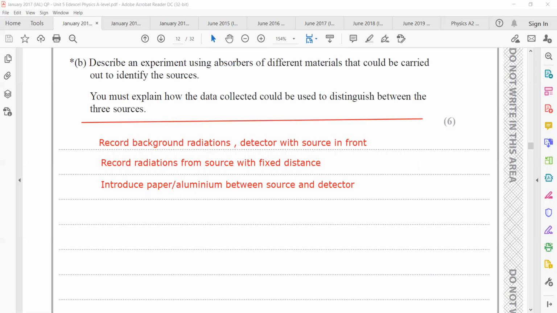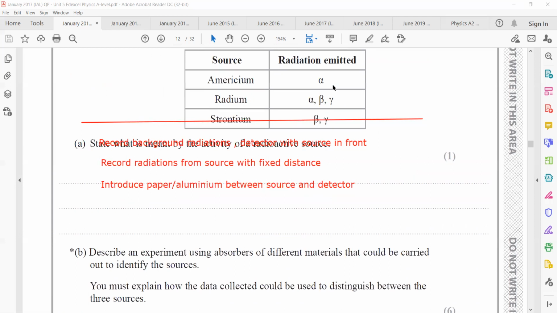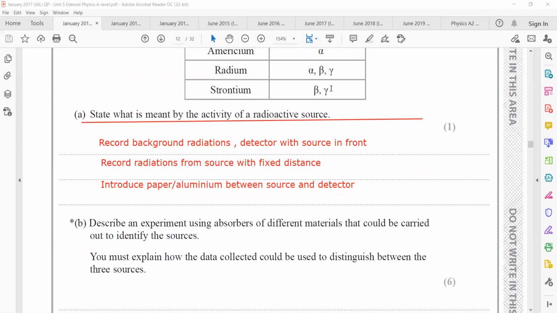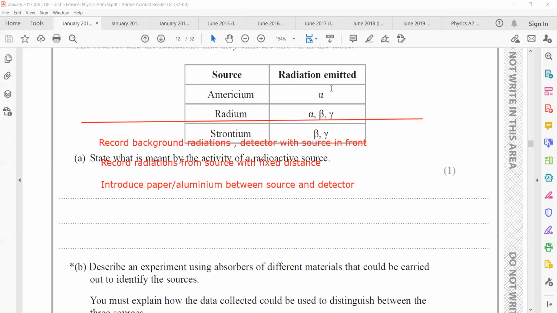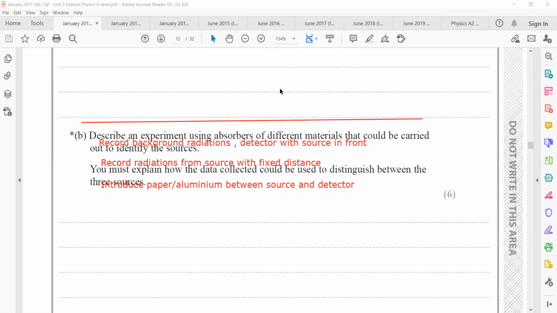As we know, in the first part they mention the types of the sources and the radiation which they emit out. So strontium is emitting out beta and gamma, both are there. If it reduced to background, it means the source is americium. If it reduces but not to background, it can be radium or strontium.